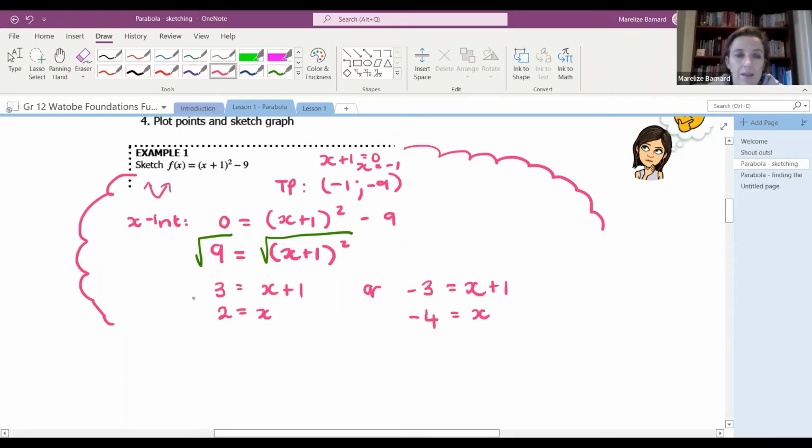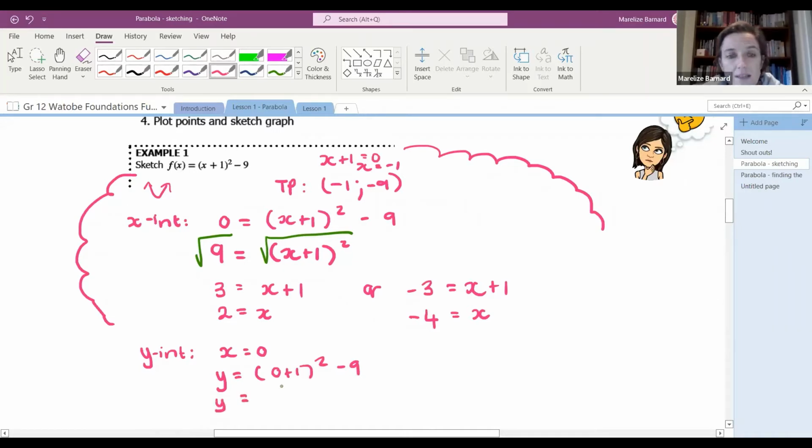Okay. Now, we can't get around multiplying this out because this is actually the only way to find... No, it's not. We can find our y-intercept by making x equal to 0. So y is equal to 0 plus 1 squared minus 9.